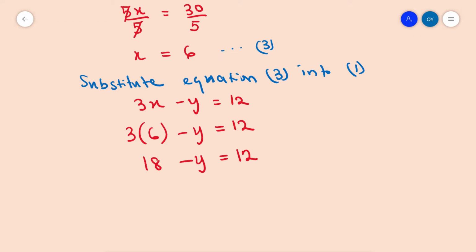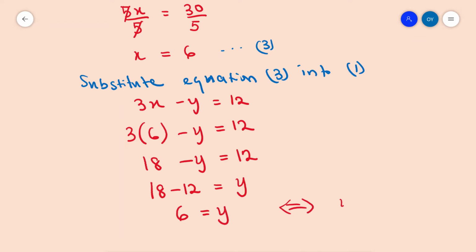This implies that 18 minus 12 equal y. 18 minus 12 is 6, equal y.